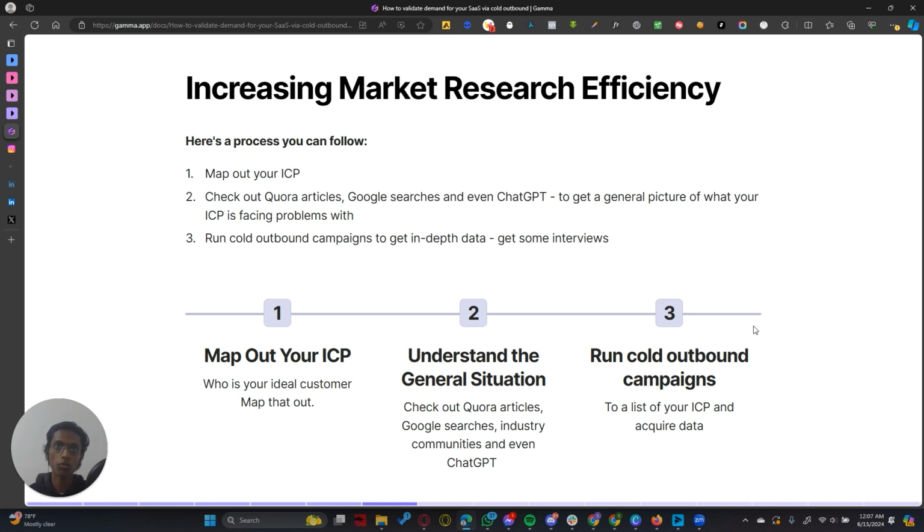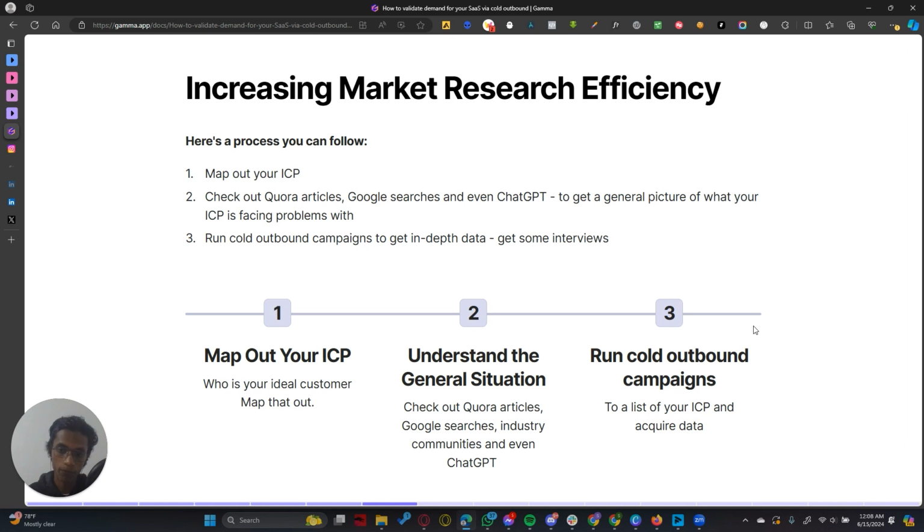Are they facing a real problem? How can we exactly solve it? What exactly is painful about it? Why is it painful? What negative consequences is it generating? Things like that. And then use that data to create cold outbound campaigns to get further in-depth data, get some interviews basically.